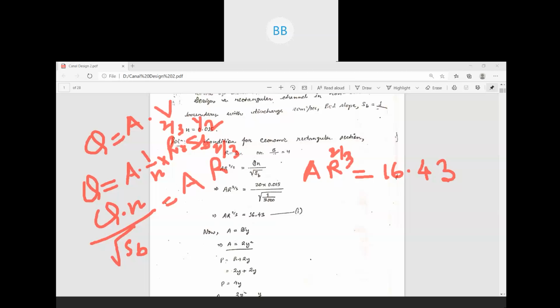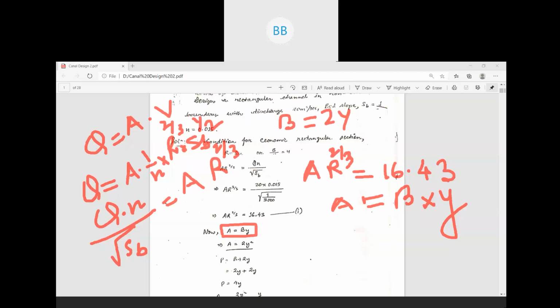Okay. So next, for a rectangular channel, area is nothing but width of the channel multiplied by depth of flow. But we have the expression B is equal to twice Y from the economic channel condition.